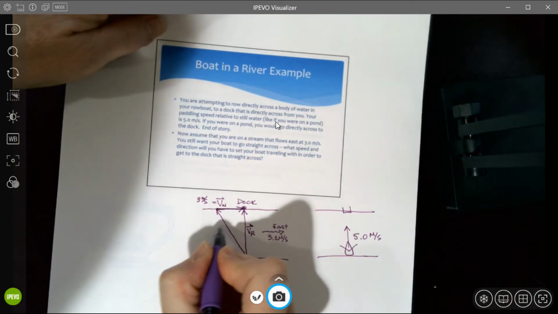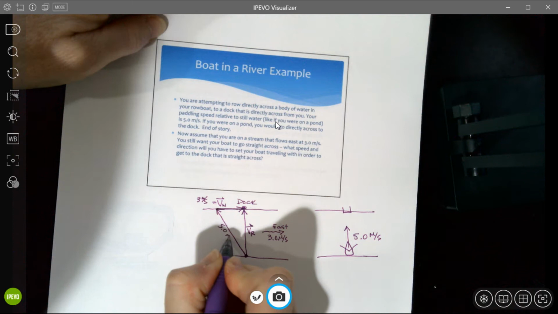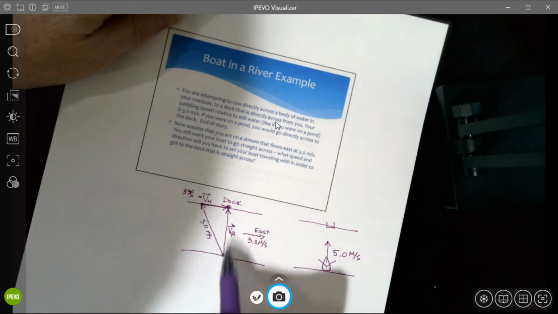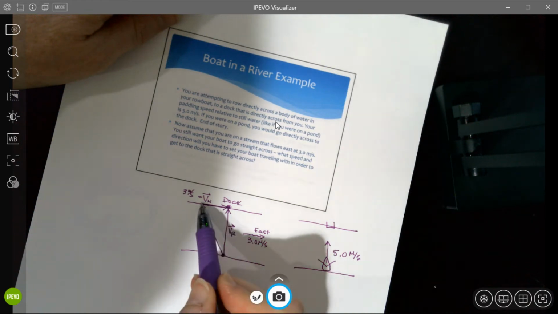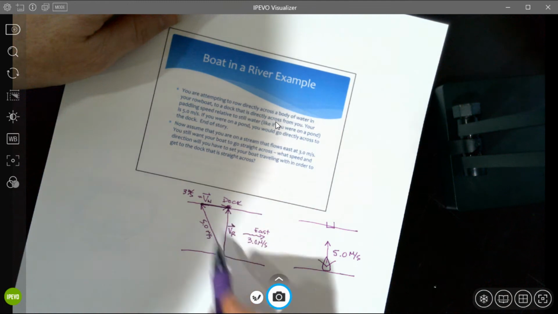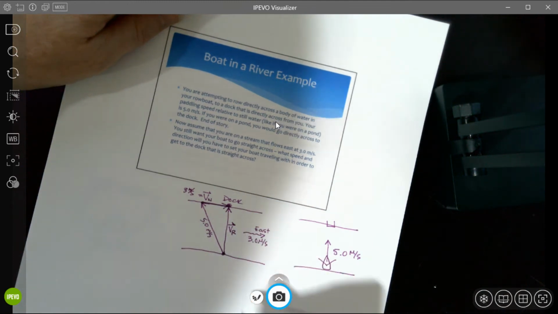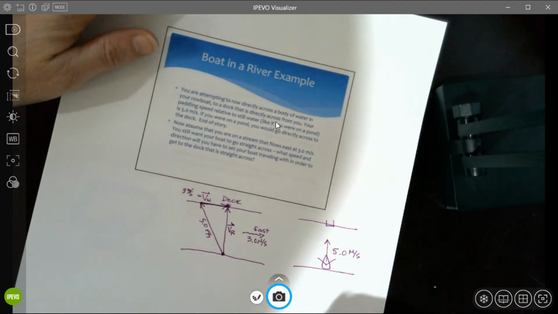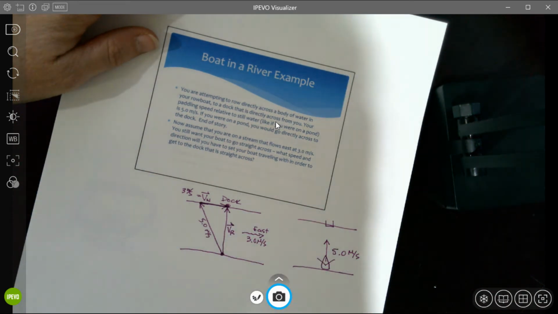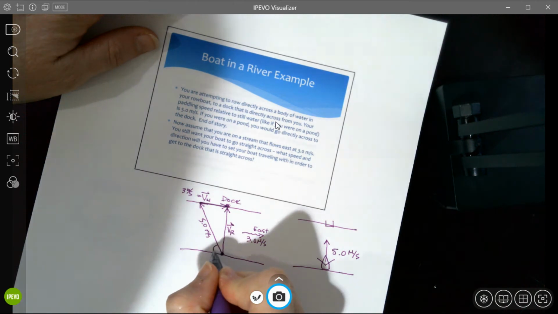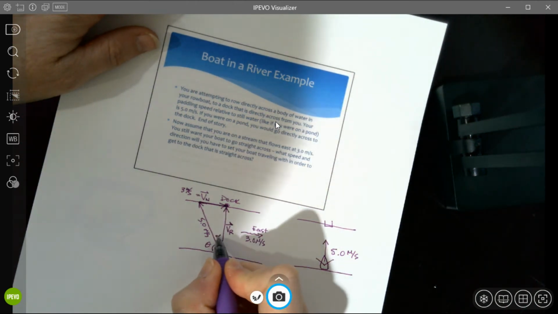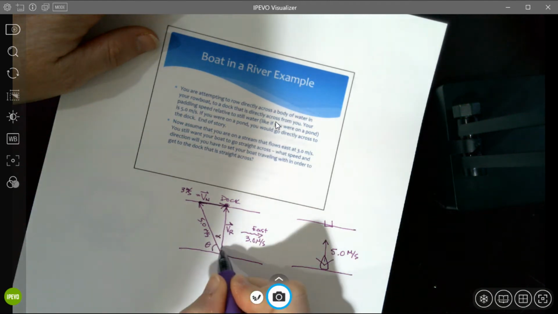I know that I can go 5 meters per second if I head upstream and add that in such a way that my vector plus the water vector will add up to what I want to do, which is go east. So I've got a triangle now, and I've got a right triangle. So I'm going to figure out which angle I'm going to head upstream at. To do that, I'm going to find the angle that's in my triangle first, my reference angle.